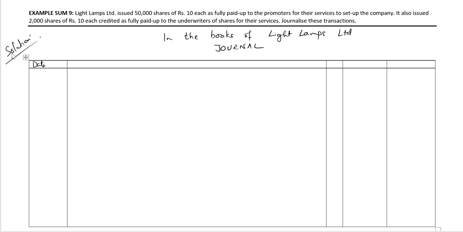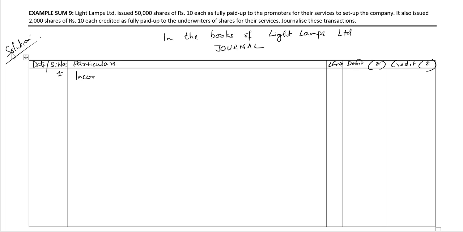Date / serial number, particulars, LF number, debit rupees and credit rupees. The first part, it says Light Lamps Limited issued 50,000 shares of rupees 10 each as fully paid to the promoters for their services to set up the company.